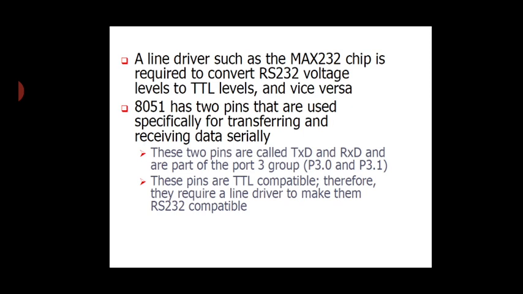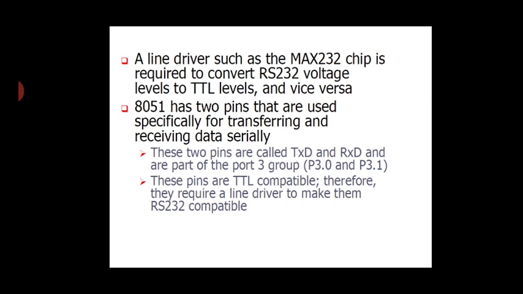Since the 8051 has two pins that are used specifically for transmitting and receiving data serially, transmit will be indicated through port 3. Which bit? Port 3.1. Again, this is specifically for the microcontroller, not for the PC.